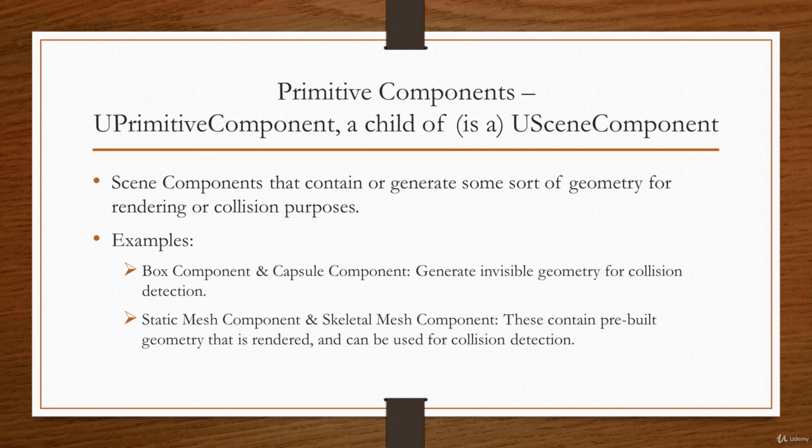If you remember from the previous video, we have the UPrimitiveComponent as well, and that is a child of, or is a, USceneComponent. Primitive components contain or generate some sort of geometry for rendering or collision purposes. A few examples are the box component and capsule component, and these generate invisible geometry for collision detection. Don't worry about this too much for right now.